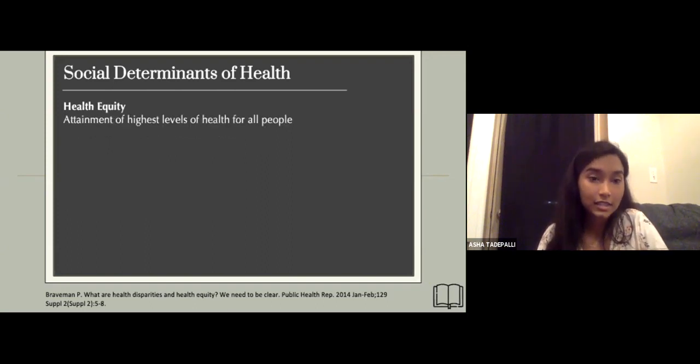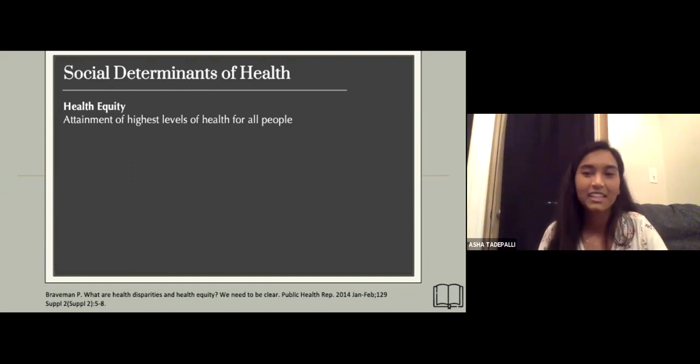So the attainment of health equity is the principle underlying the commitment to reduce these health disparities and ultimately eliminate them in the determinants.